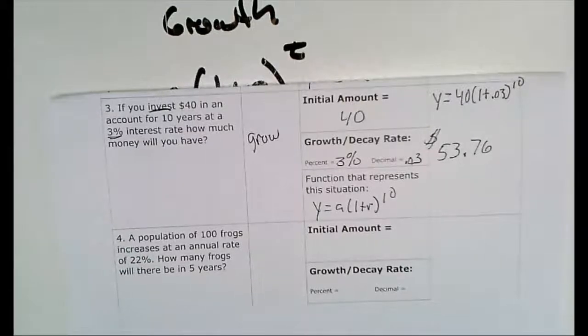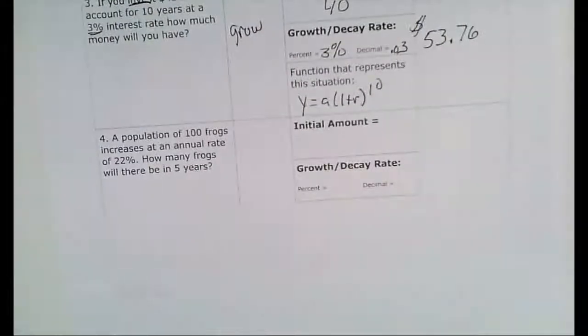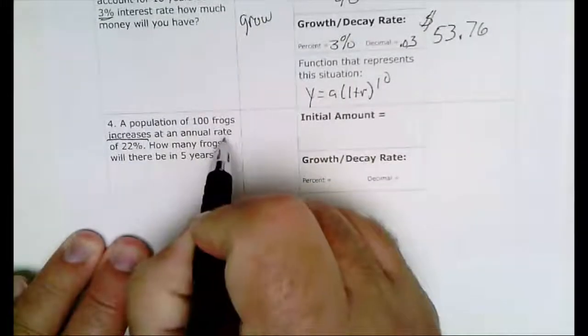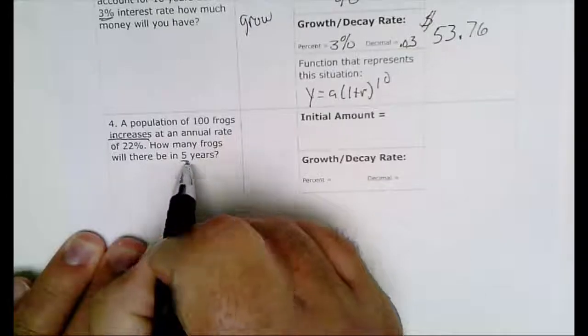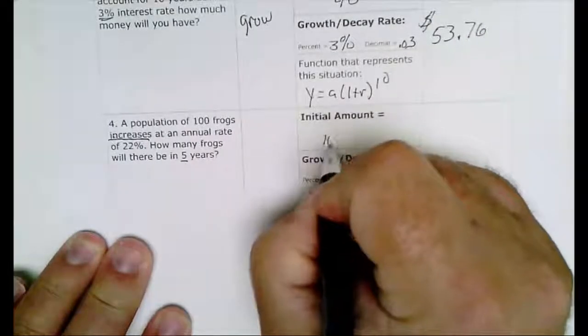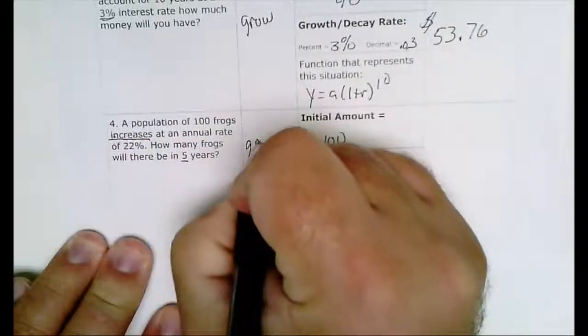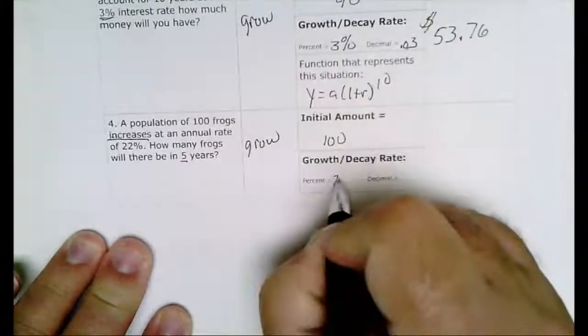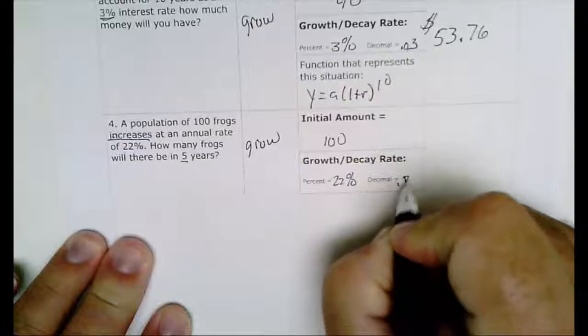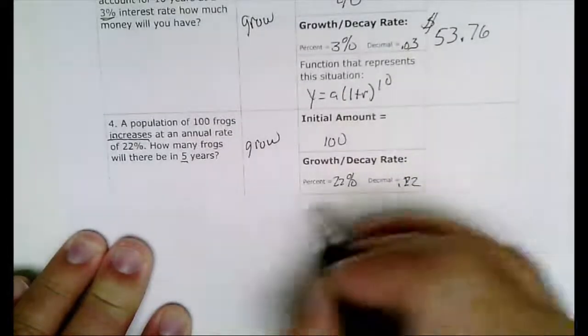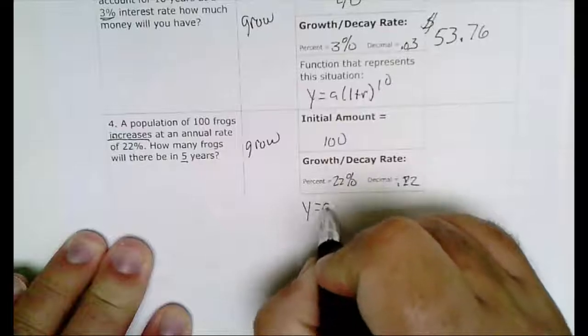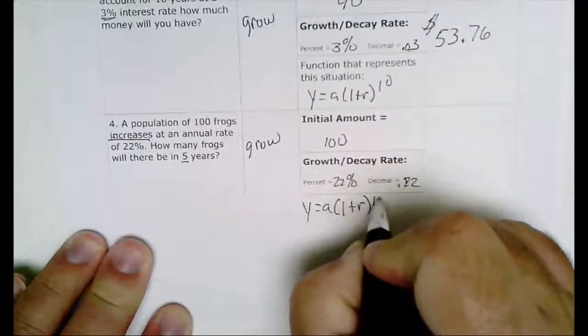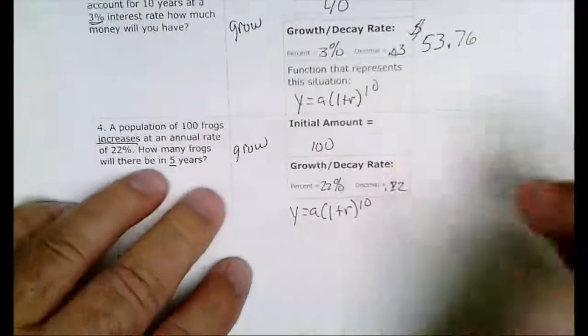Okay? And the last one we're going to do together, and then we'll do 4 on your own. Okay? A population increases at an annual rate of 22%, and time is 5 years. So our initial amount is 100. This is increases, so this would be growth. Our rate would be 22% or 0.22. So our function is going to still be growth. Okay, we input our numbers.